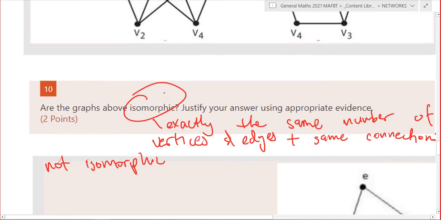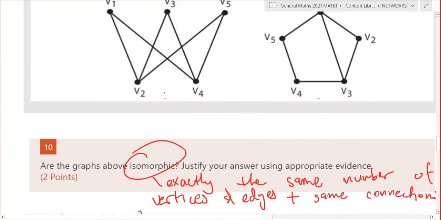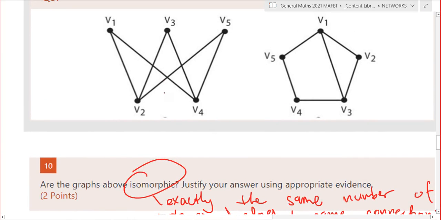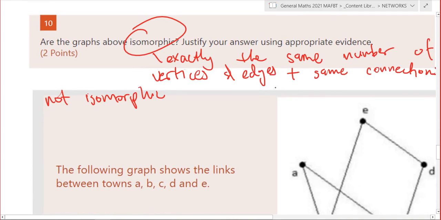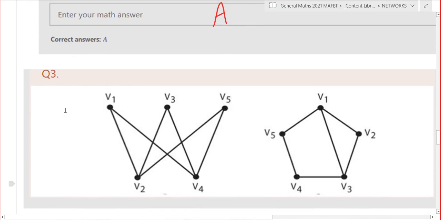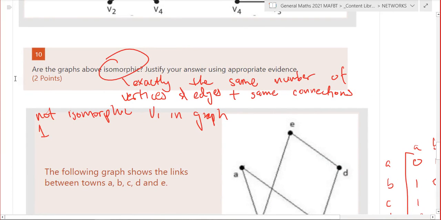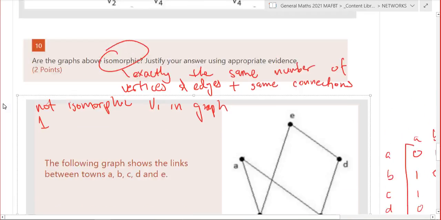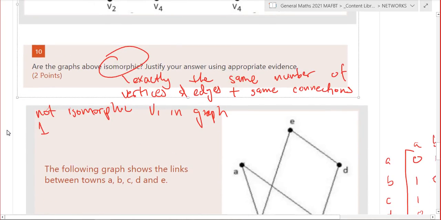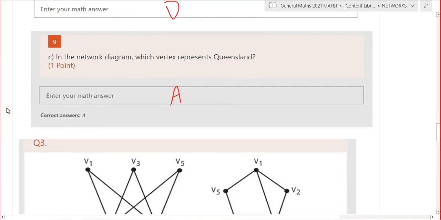In terms of writing evidence, I would state specific things about the graph. So I would say V1 in graph 1. I've called this graph 1 here. Actually, let me write my answers here.